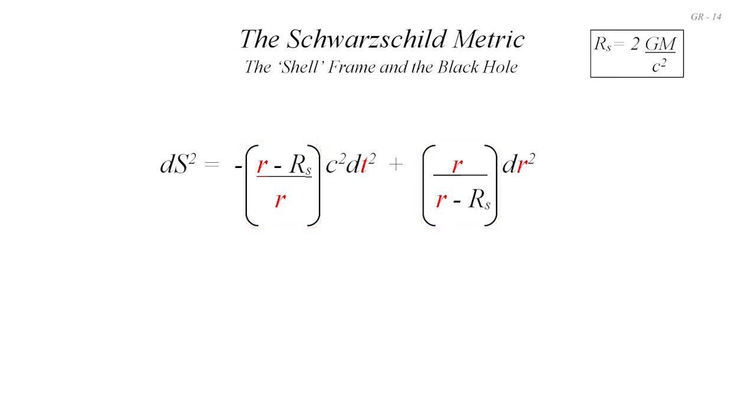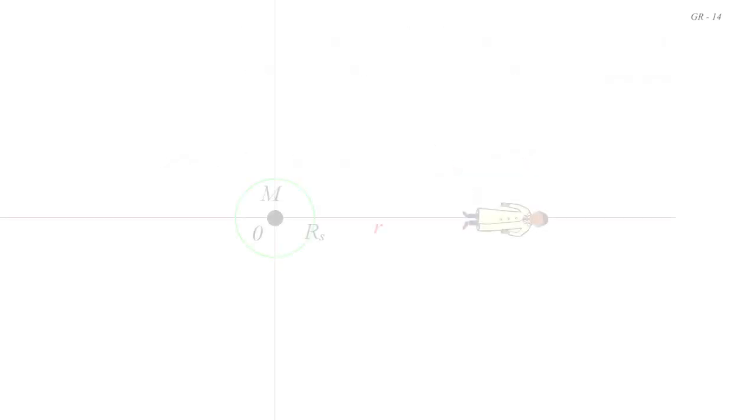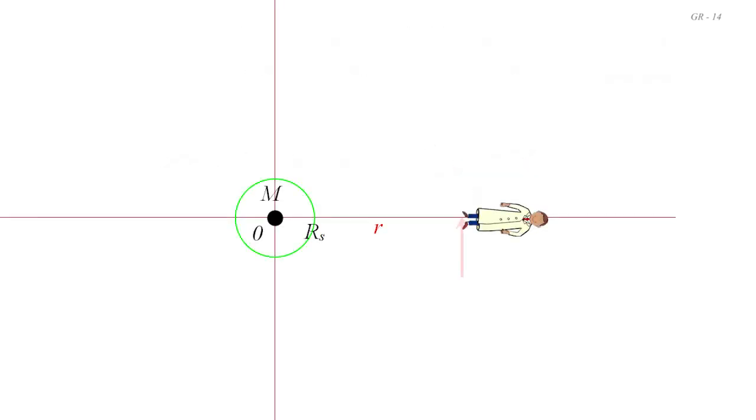These factors are not constant at varying distances from the shell, or what we might call varying heights above the shell. Perhaps we should say that the space-time in this region near the black hole is locally flat.